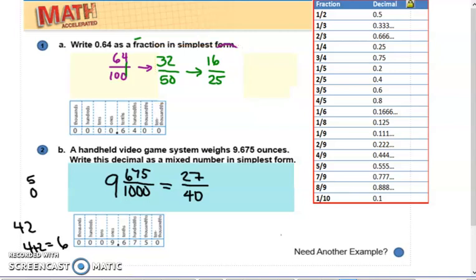So watch out, beware, beware, beware. Don't forget that this answer has got to have that 9 in it, and is 9 and 27/40. Maybe you could even write the 9 right away before you reduce that so you don't forget, because it is easy to do.